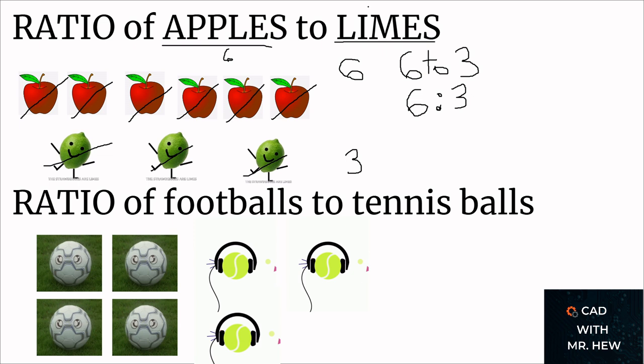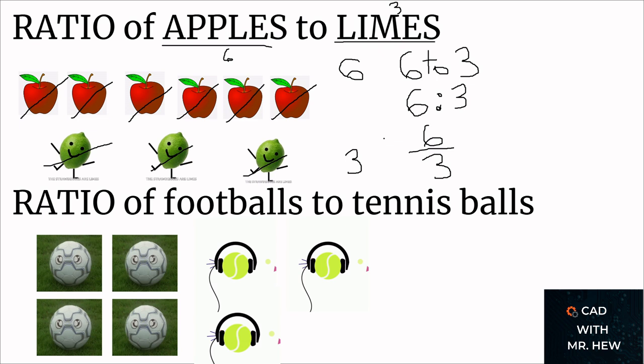And the denominator would be the 3 for the 3 limes. So these 3 ways are a ratio expression of the ratio of apples to limes.